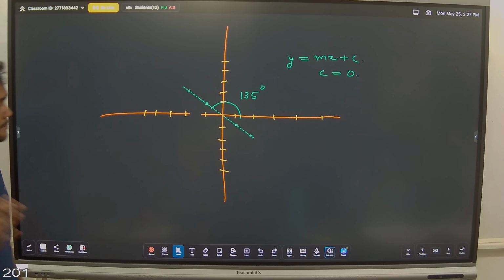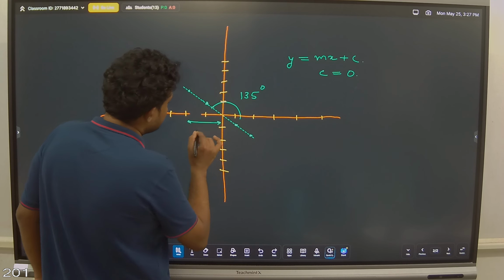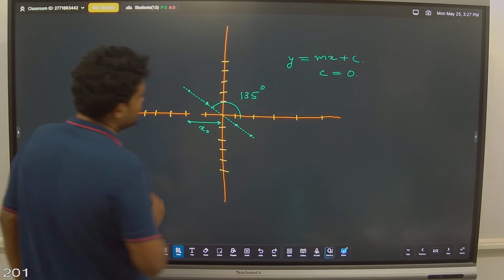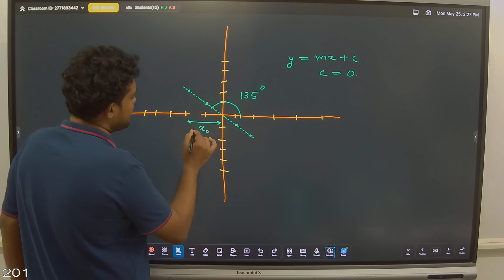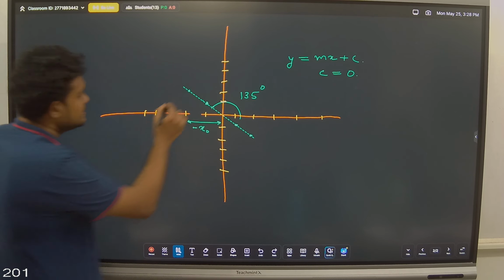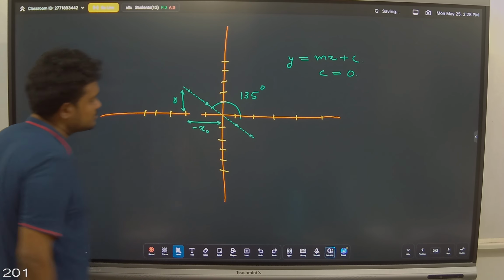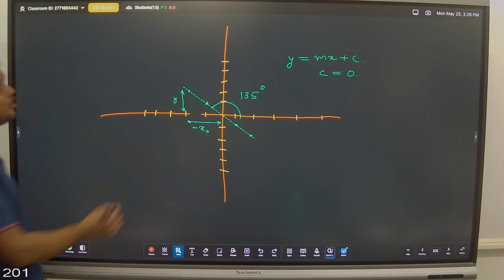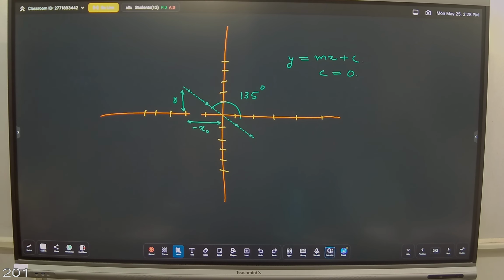We know that because if we move like this by x naught units, this height is minus x naught, because we are moving in the opposite direction, right? This is going to be y, which is going to be equal to minus of minus x naught, which is x naught. So the tan is going to be -1. You understand?